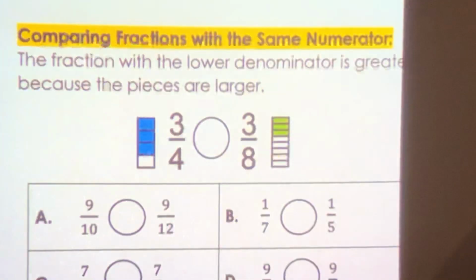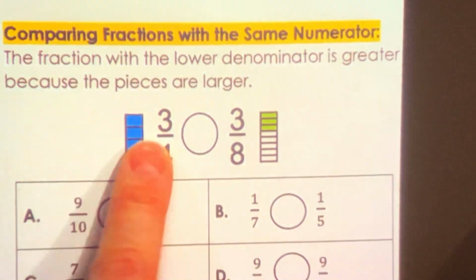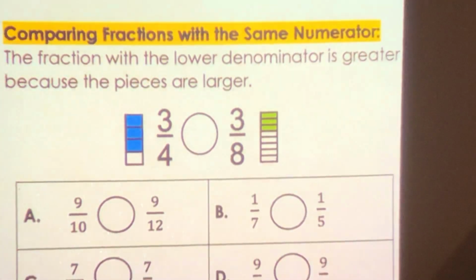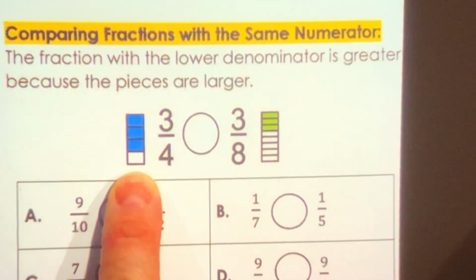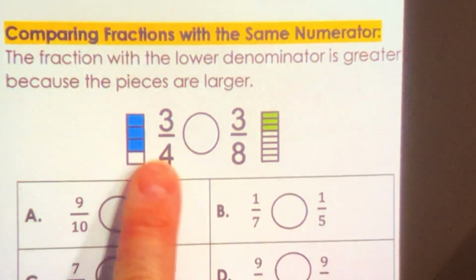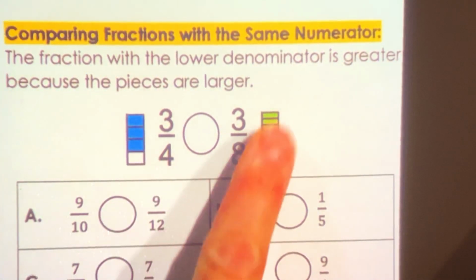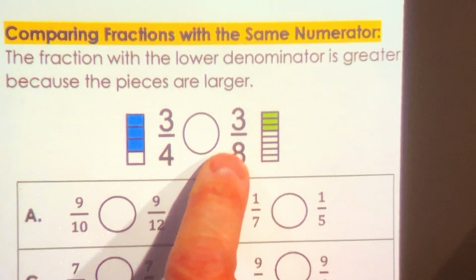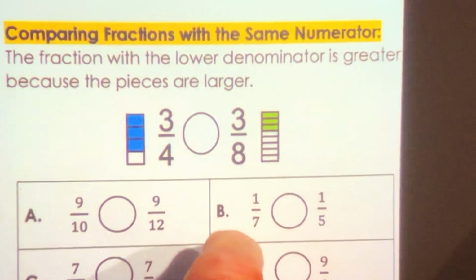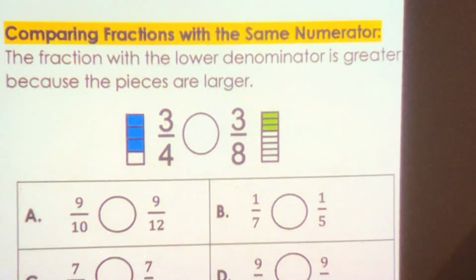When we're comparing fractions with the same numerator, it's saying we have 3 pieces, but whoever has more depends on how big the pieces are. If we cut up the whole rectangle into 4 pieces, that's like having to share a candy bar with 4 people. This is like having to share that same candy bar with 8 people. So when you compare fractions with the same numerator, whichever fraction is cut up into larger pieces is going to be greater.